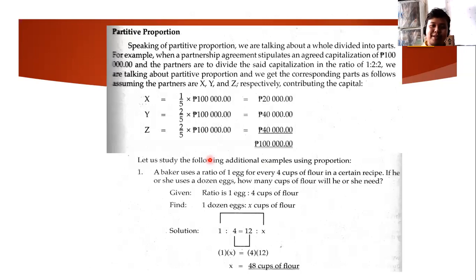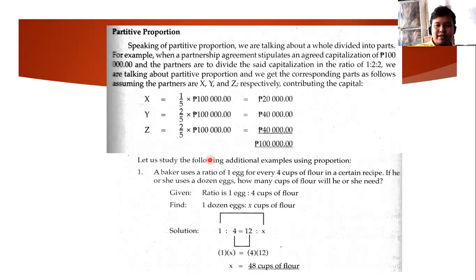Here, we have what is called partitative proportion. Partitative means dividing. For example, a partnership agreement stipulates an agreed capital of 100,000.